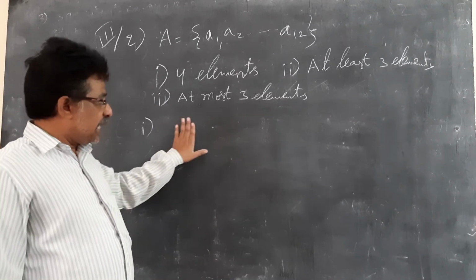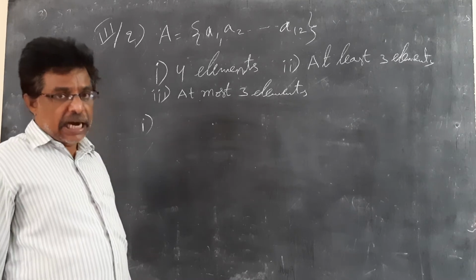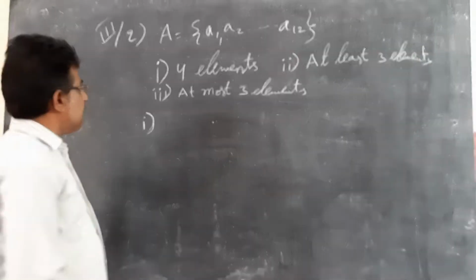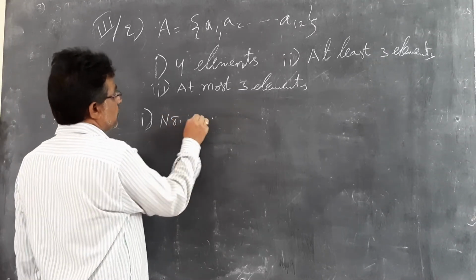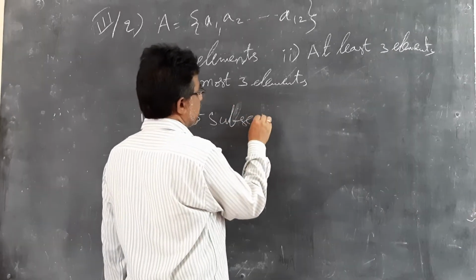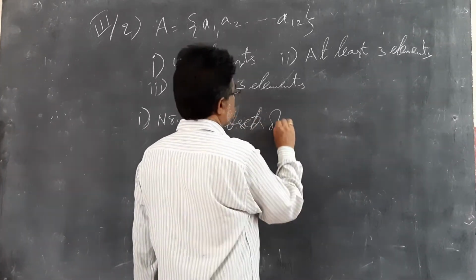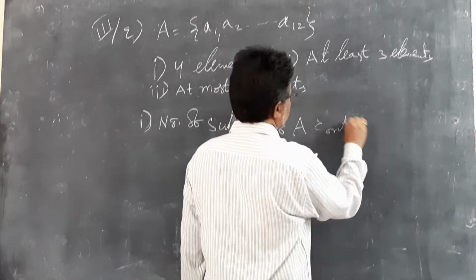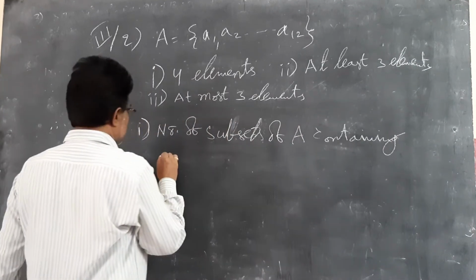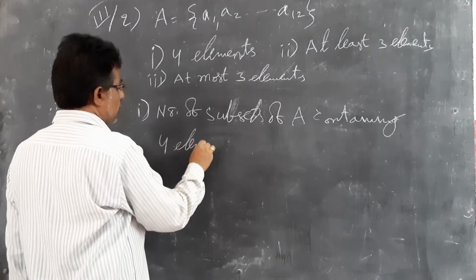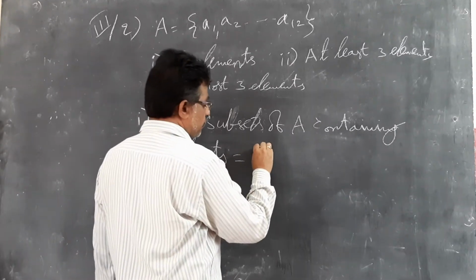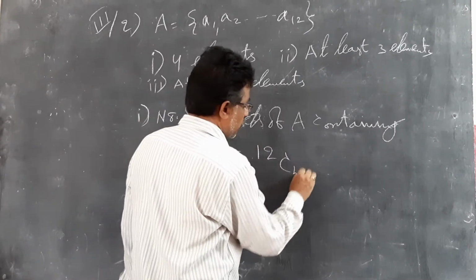We know that selecting r things out of n things is nCr. Now the number of subsets of A containing 4 elements, just selecting 4 elements out of 12 elements, is nothing but 12C4.